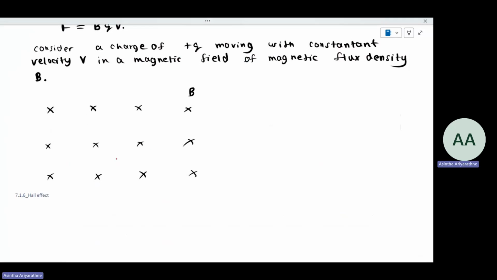And this is a charge. Velocity is V initially, positive Q.